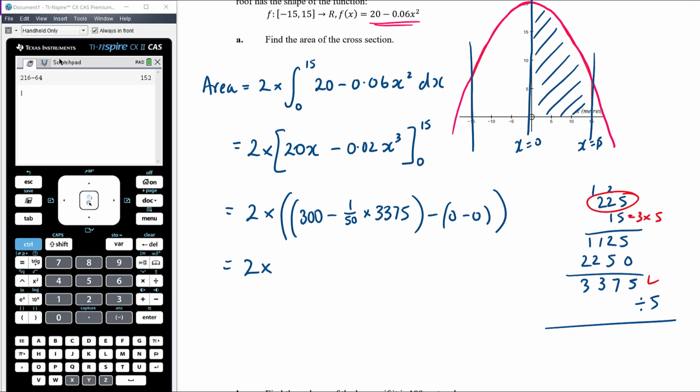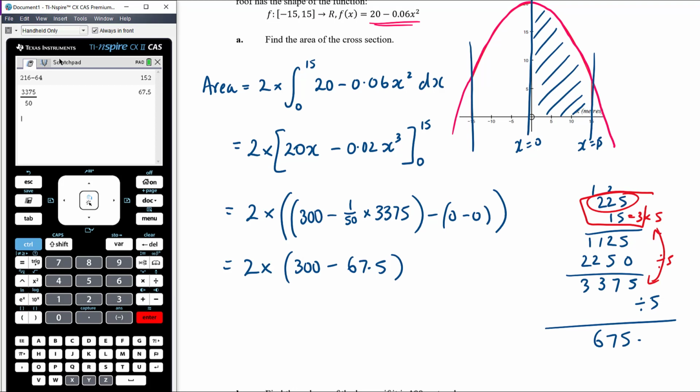So if I want to divide by 5, I actually want to think about having just done 225 times 3 rather than times 15. So 225 times 3 is 675, I think. So that's divided by 50, it'd be 67.5. Let me just check that while we're here before we go too far on.